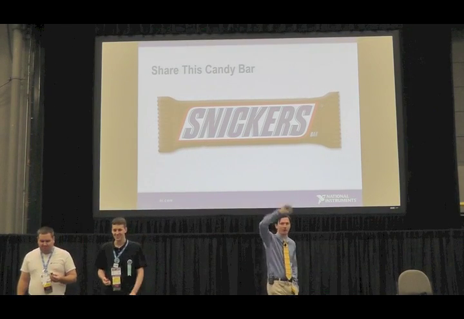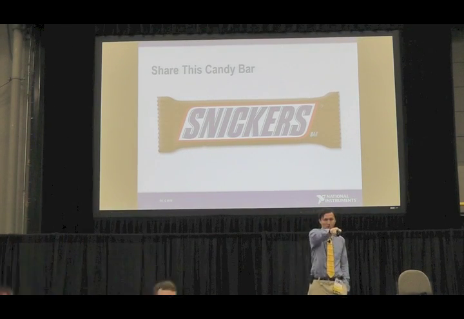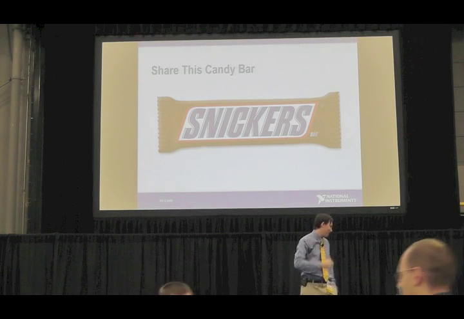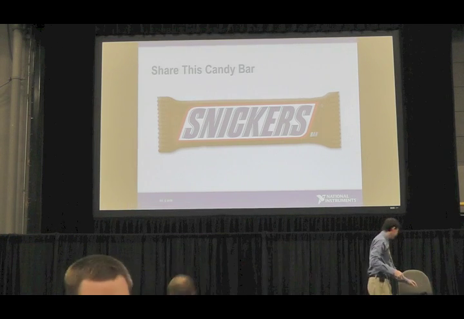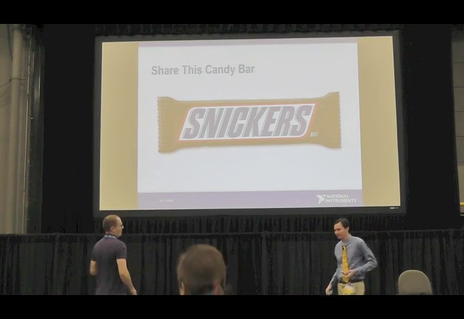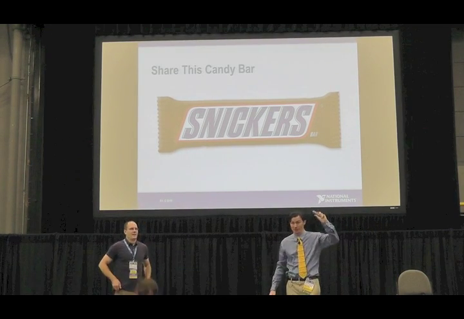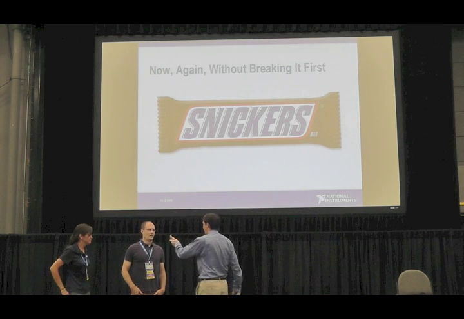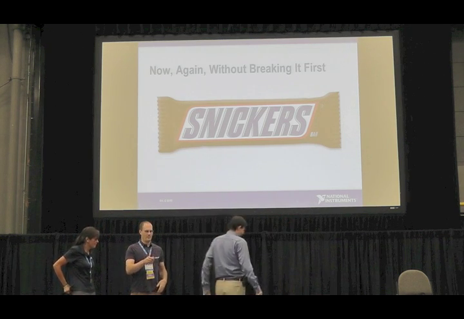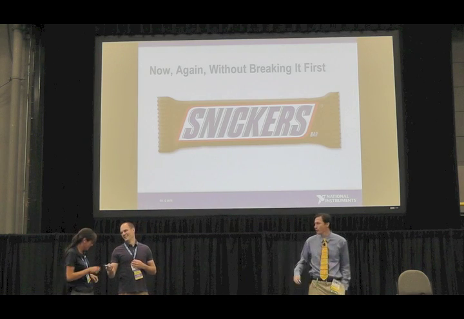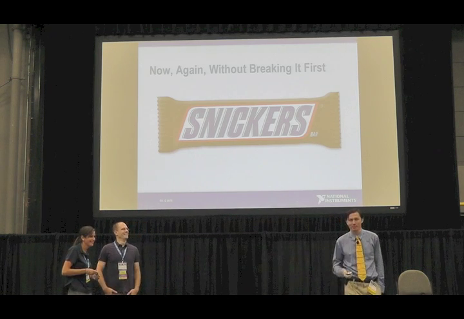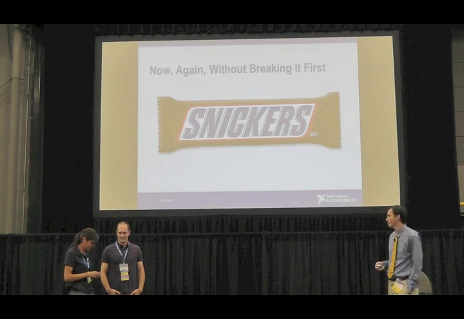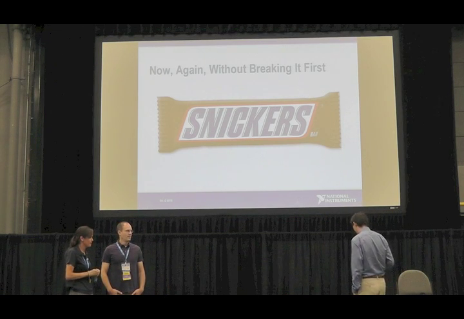I need 2 more volunteers, again, who like candy bars. One, back there. Come on up. This is another Snickers bar. I would like you to share this Snickers bar without breaking it. How can you both have some of the candy bar without breaking it first?